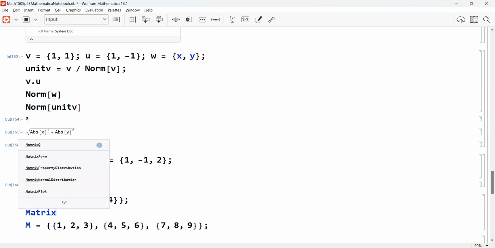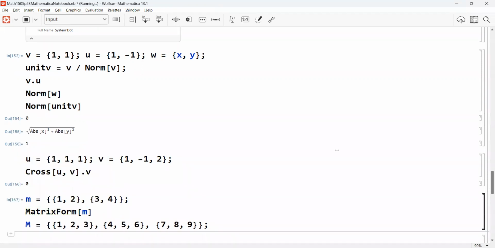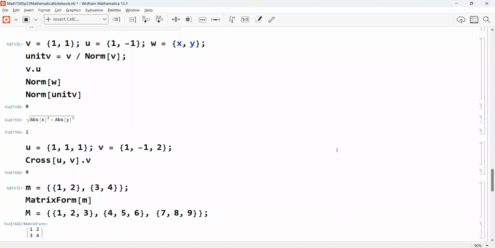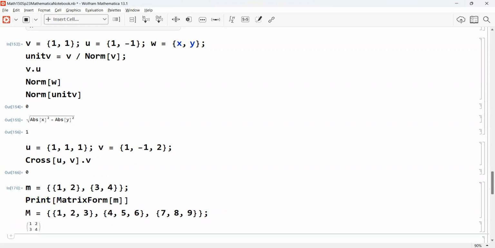So I am old. Because I'm old, I would just type matrix form M. Oh, it actually worked. Okay. Sometimes what you have to do is it calculates the matrix form, but it doesn't necessarily print it. Sometimes you have to put in the command print matrix form and just print it out. But it doesn't seem like you needed that.